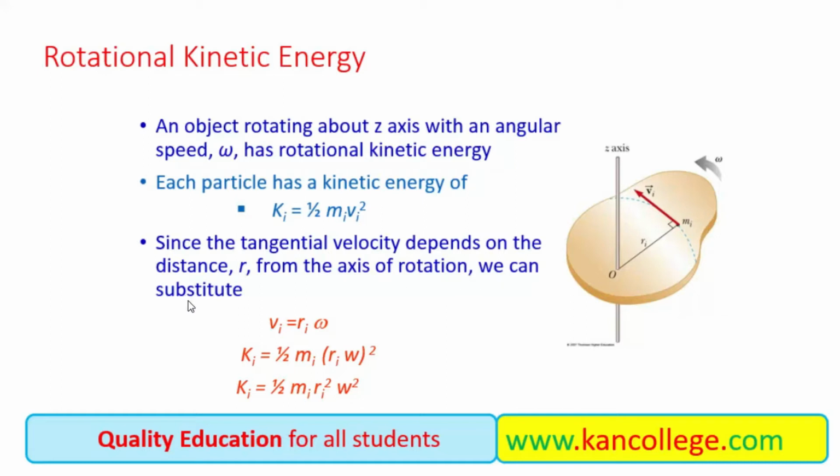We can substitute this tangential velocity by using the formula v is equal to r omega. By replacing v with r omega in the kinetic energy term, we get the new form of the kinetic energy formula, half m_i r_i squared omega squared, where omega is the angular speed.